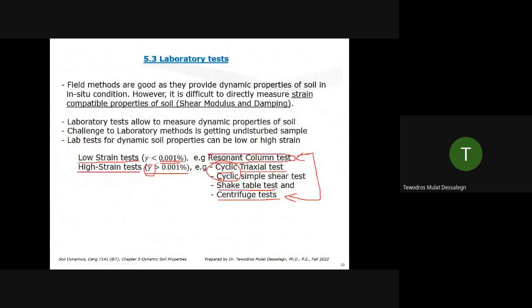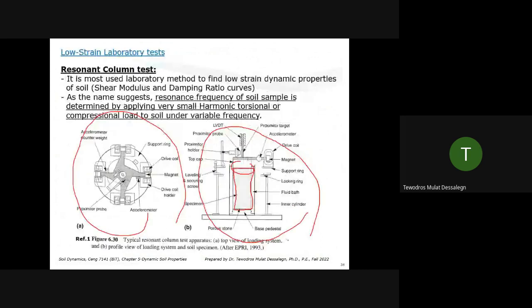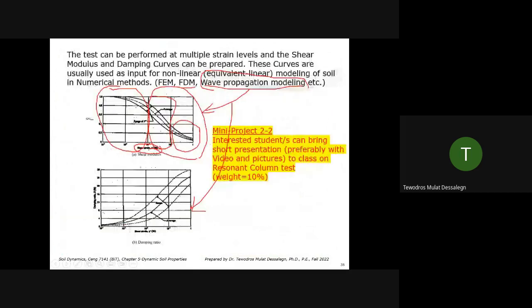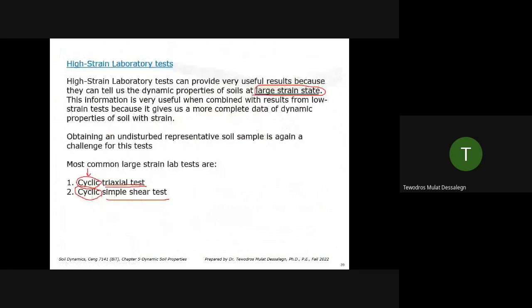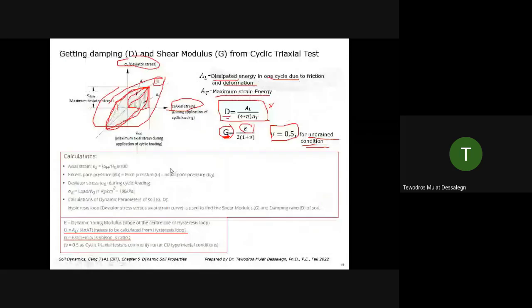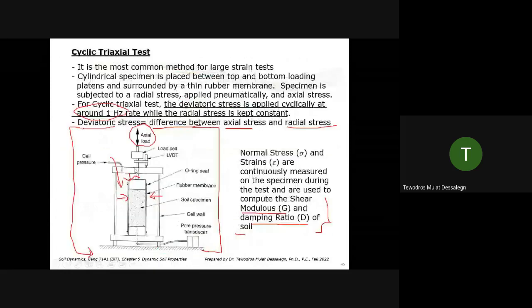Section 5.3, laboratory tests. We have seen resonant column test, and then the high strain part, which is a triaxial, cyclic triaxial test. So cyclic triaxial, the test itself is axial. That's the main difference between triaxial and cyclic shear.